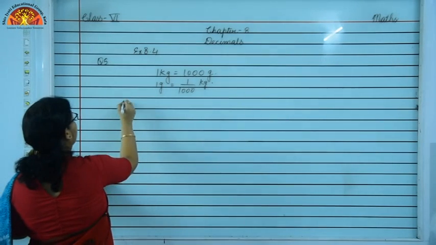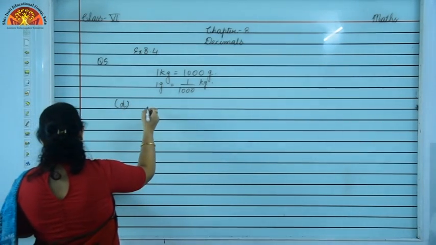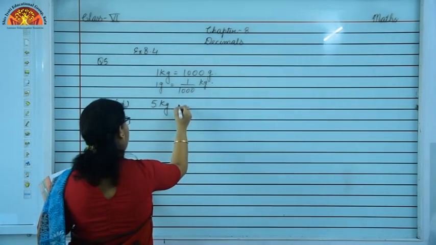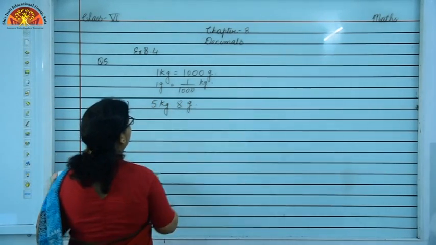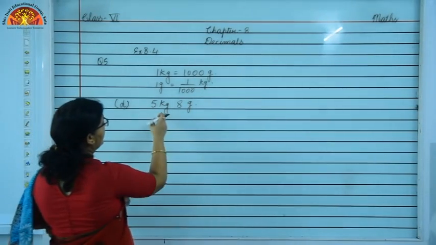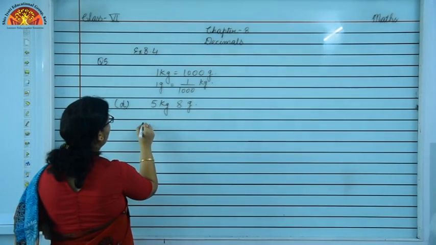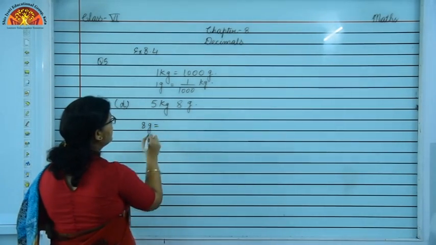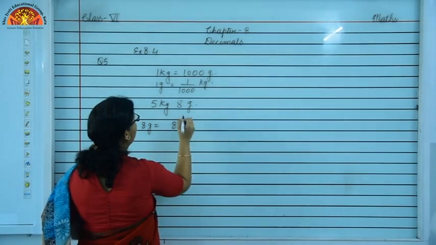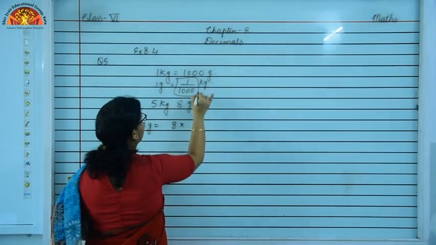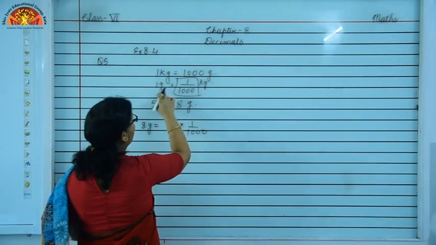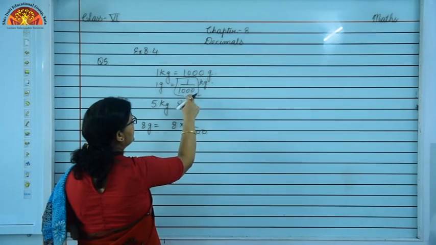Now question is D part is 5 kilogram 8 grams. To convert into kilograms, how we convert in kilograms using decimals? So we need to convert 8 grams into kilograms. So 1 upon 1000, sorry, 1 gram is equals to 1 upon 1000 kilogram.